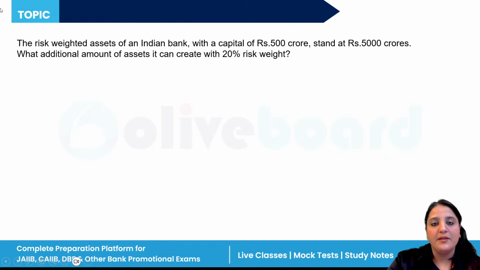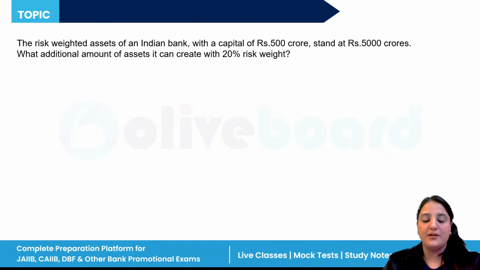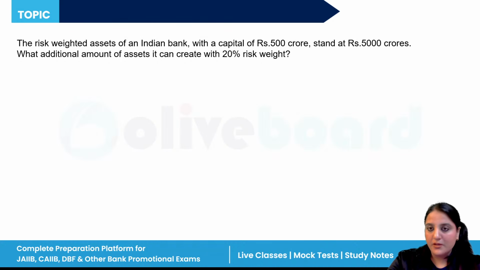Next question. The risk weighted assets of an Indian bank with a capital of rupees 500 crore stand at rupees 5000 crore. So what additional amount of assets can it create with 20% risk weight? Read the question.